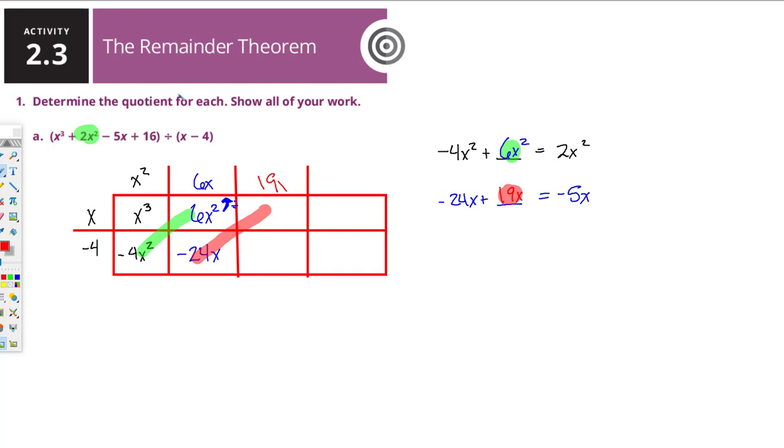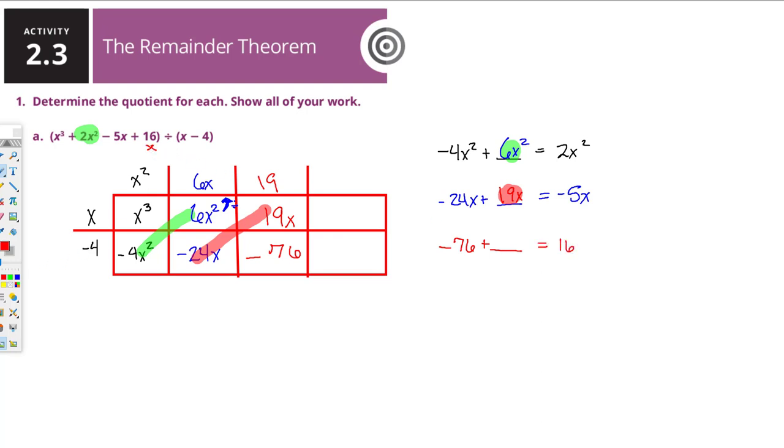Oops, not 19x up there. Sorry, I put it in the wrong spot. And then 19 times what? Negative 4 is negative 76. So negative 76 plus what is equal to 16?